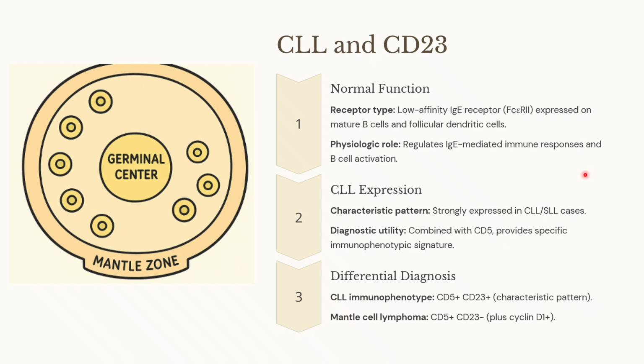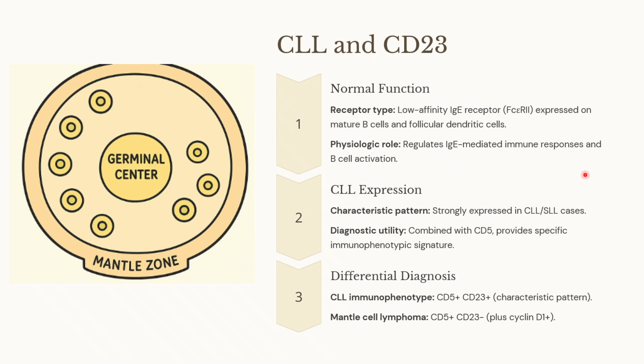Let's understand why this difference exists. The germinal center is the center of a normal lymph node. The mantle zone is a thin ring which is surrounding the germinal center. The naive B cells enter the lymph nodes through the first zone, that is the mantle zone, and then into the germinal center.